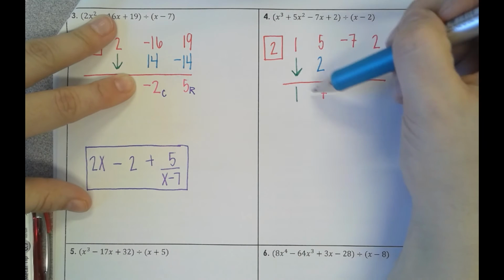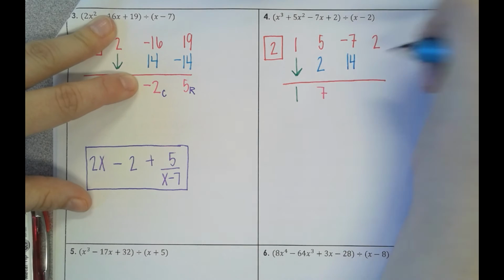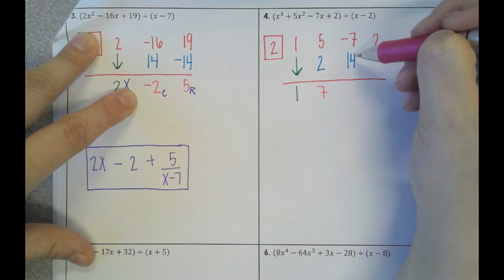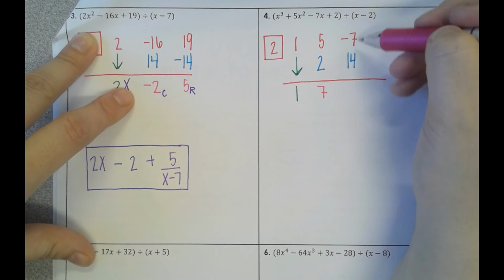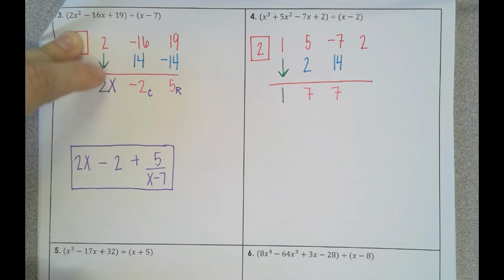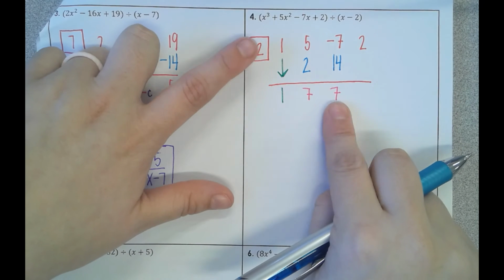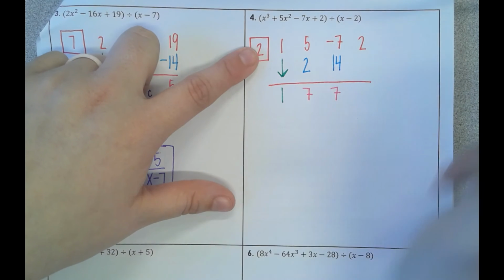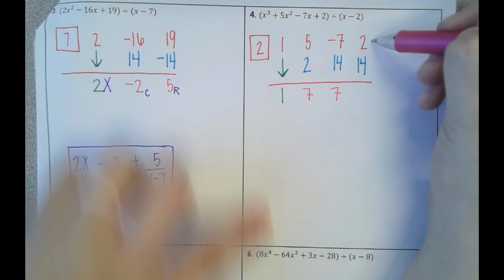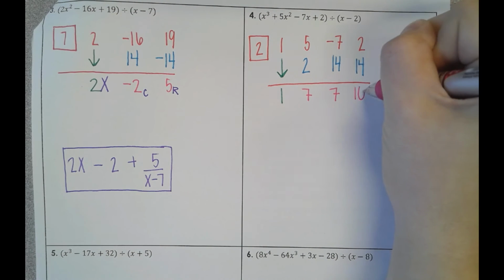Then we multiply. 2 times 7, 14. Then we add. 7. Then we multiply. 2 times 7 is 14. Then we add. 2 plus 14, 16.